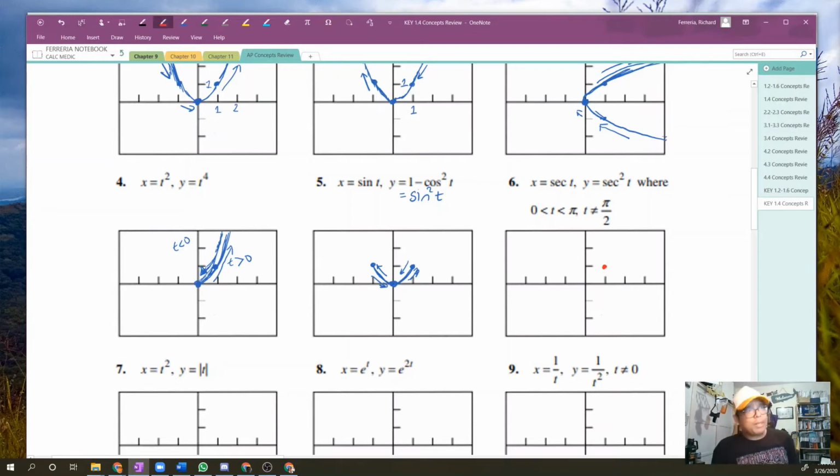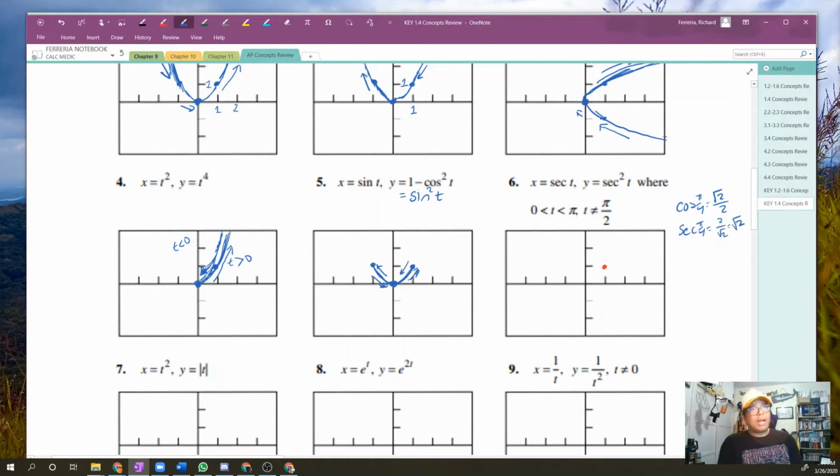Okay, so I'm getting mixed up with my mathematics here again. Cosine of pi over 4, that's equal to radical 2 over 2. So the secant of pi over 4, that's equal to 2 over radical 2, which is just square root of 2.